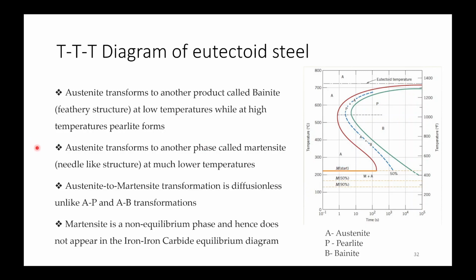Your austenite transforms to another phase called martensite at much lower temperatures, which is a needle-like structure. The austenite to martensite transformation is diffusionless, unlike austenite to pearlite and austenite to bainite transformations. Martensite is a non-equilibrium phase and hence does not appear in the iron carbide equilibrium diagram.